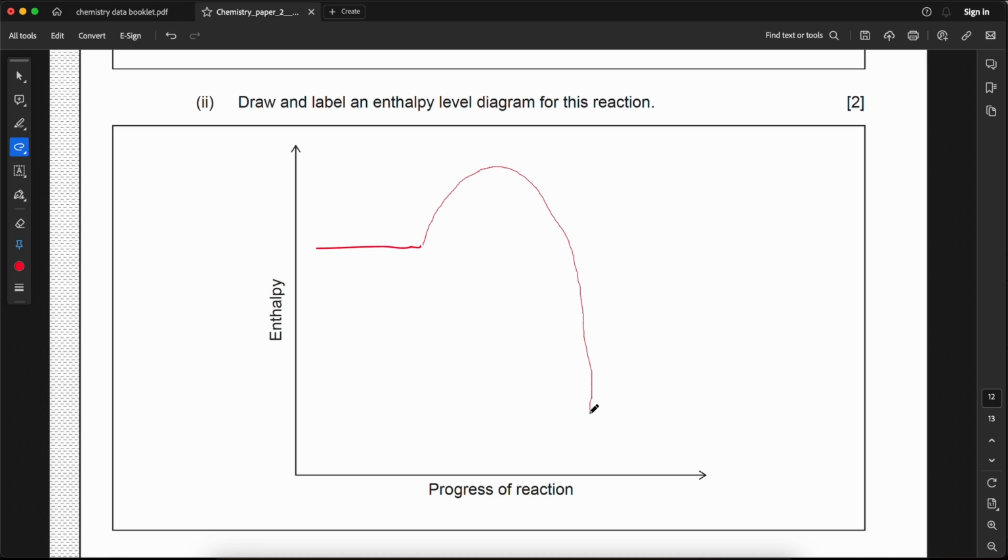Okay, so this will be product and this will be reactant, and this will be activation energy, and this would be delta H negative.